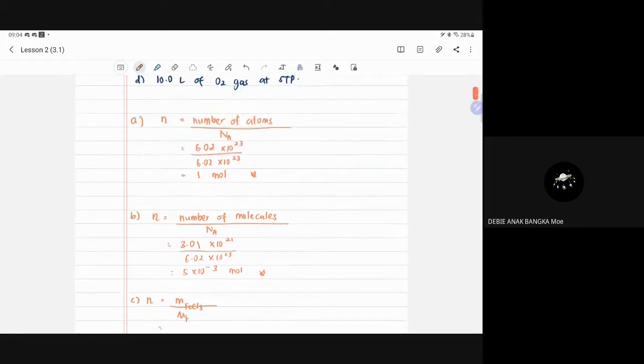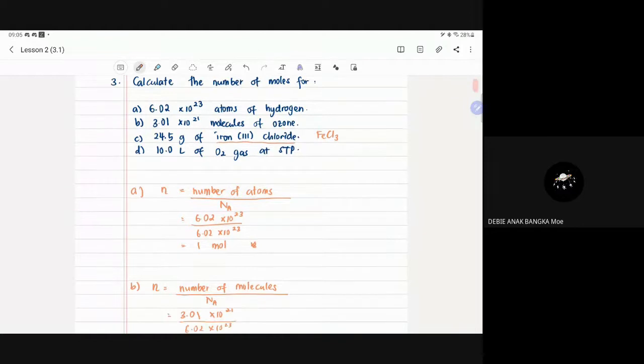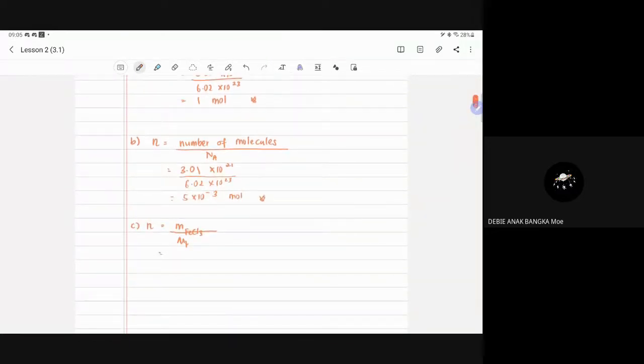Now, this one, iron trichloride ni, you need to be able to write down the formula because we have covered this in chapter 2. So this is FeCl3.